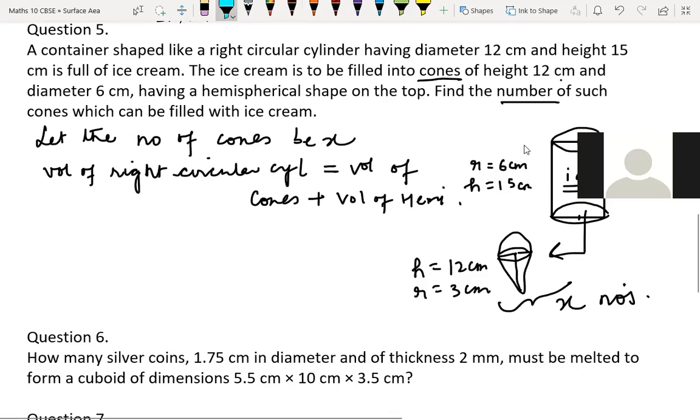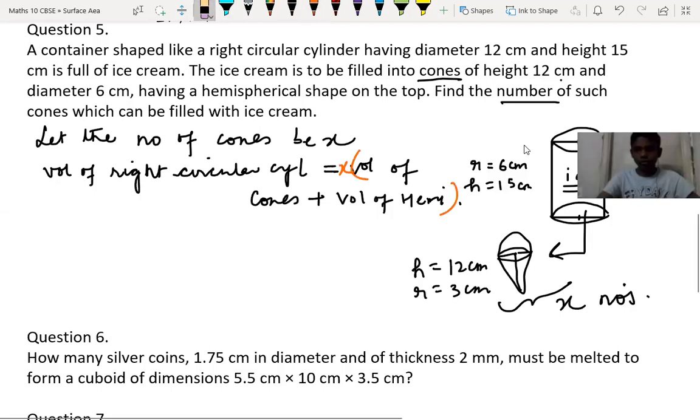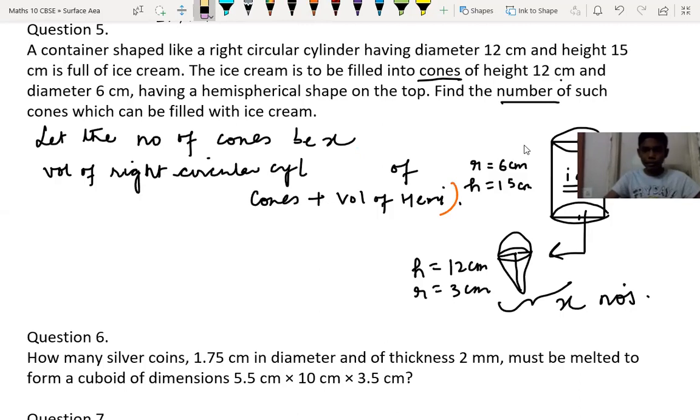Is this clear, children? And we can write here x also. We don't know x, into this whole thing. I'll write here: equal to x into volume of cone plus volume of hemisphere.